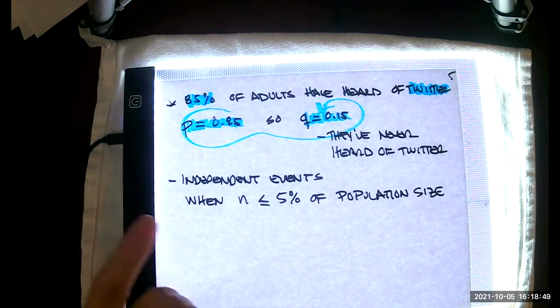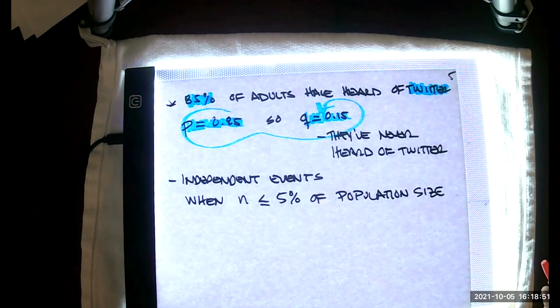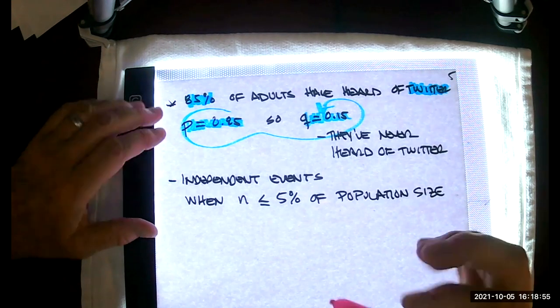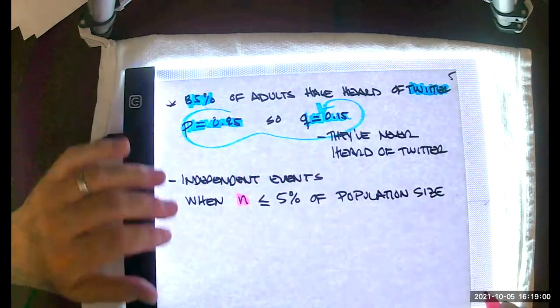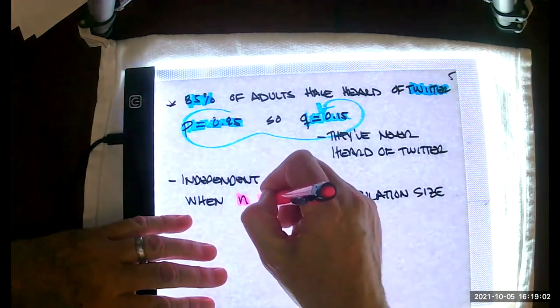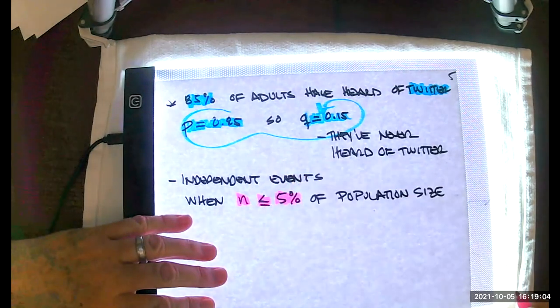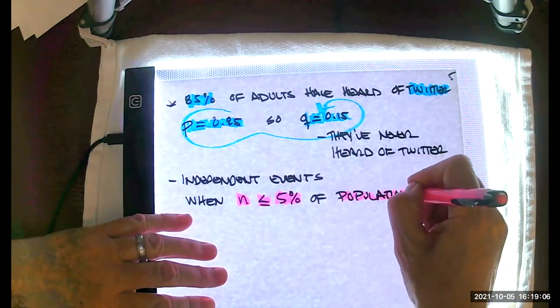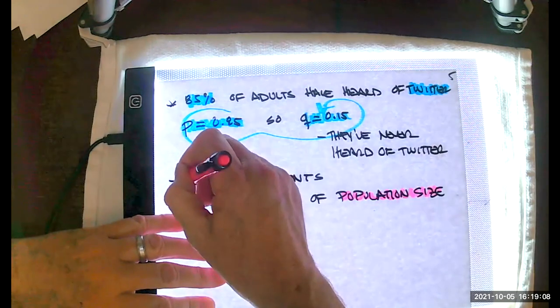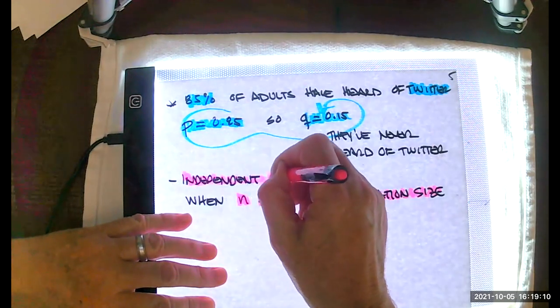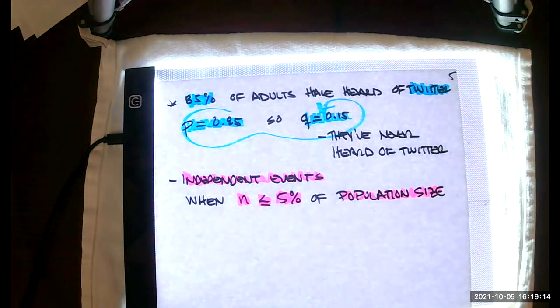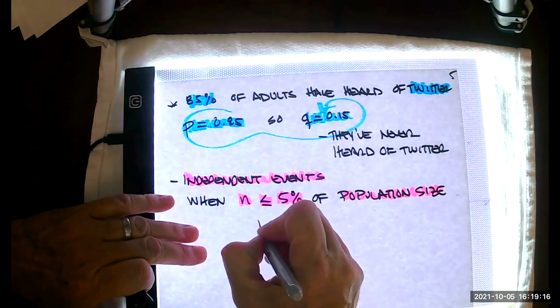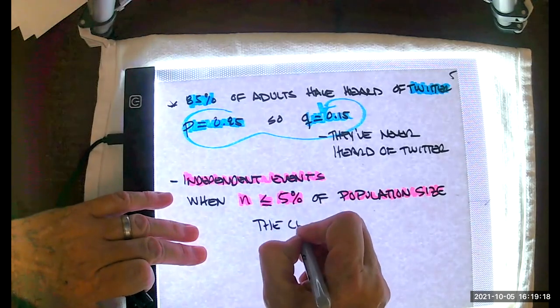However, in the best statistical fashion, we honestly kind of ignore it. In other words, when my sample size or the number of trials is less than or equal to 5% of the population size, I have or assume independent events. And I gotta love this: our book calls it the cumbersome calculation rule.